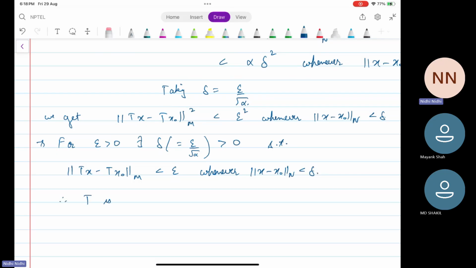Therefore, T is continuous at x naught, and since x naught belonging to Rn is arbitrary, we get that T is continuous on the whole of Rn.